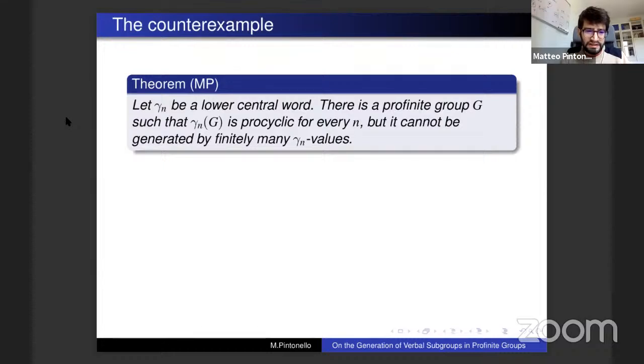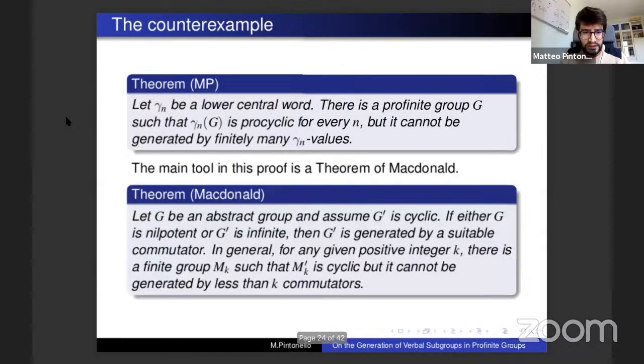Many results on profinite groups rely on the ones for finite groups. So the main tool is a theorem of MacDonald, which states that if G is an abstract group and we assume its derived subgroup is cyclic, then there are two cases.